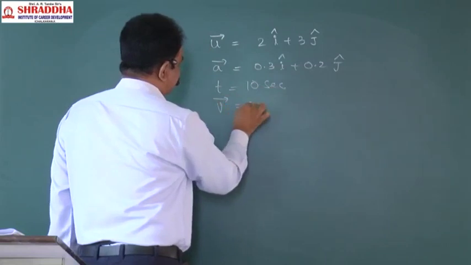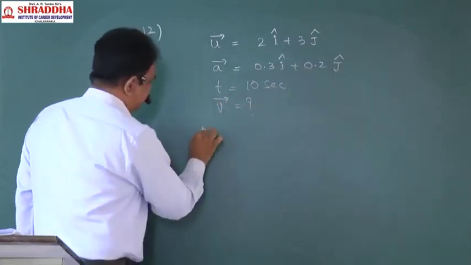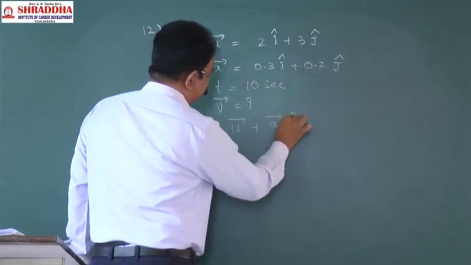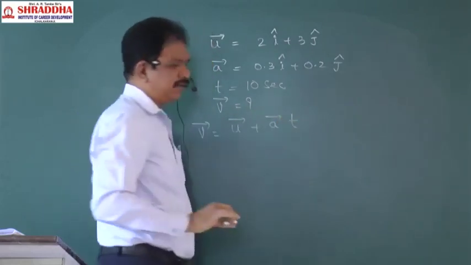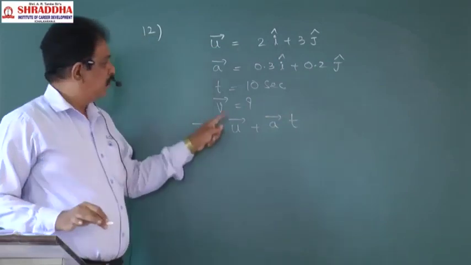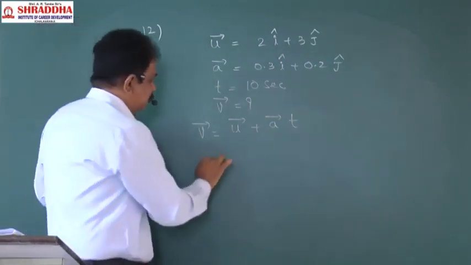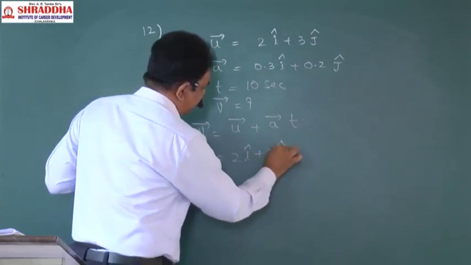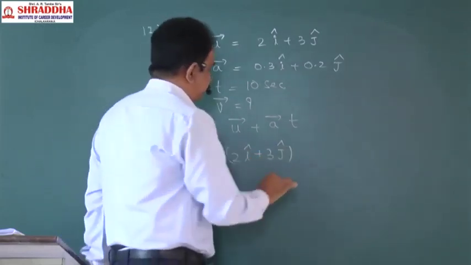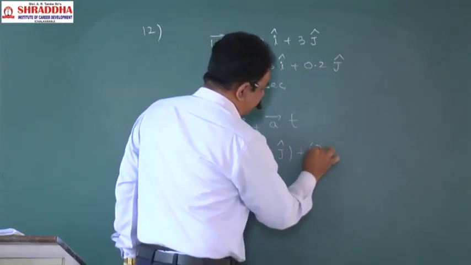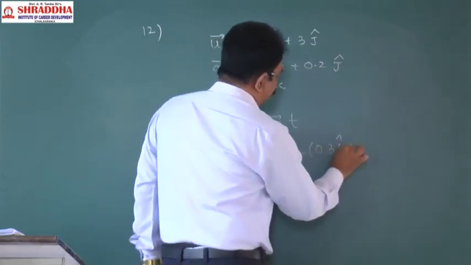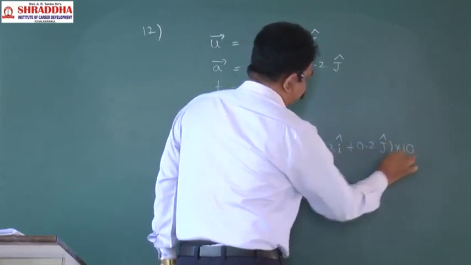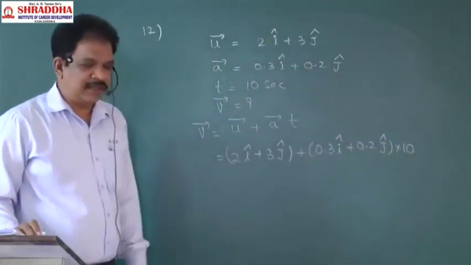What will the v bar value be? v bar is equal to u bar plus a bar into t. The u bar value is this one: 2i cap plus 3j cap, plus 0.3 into i cap, 0.2 into j cap, into 10.